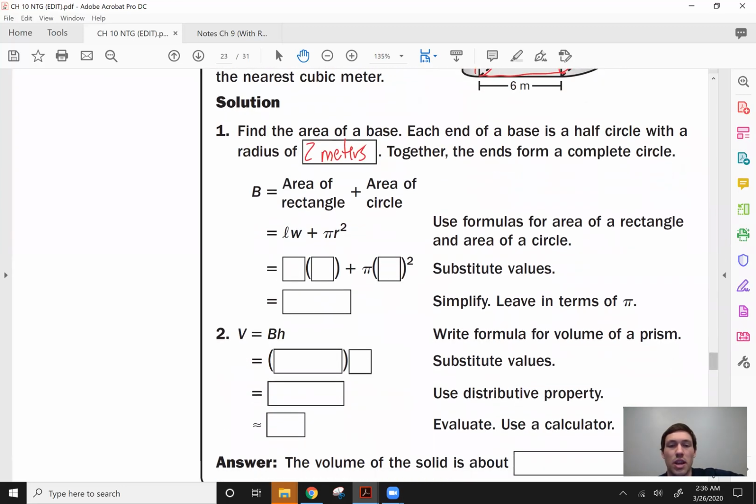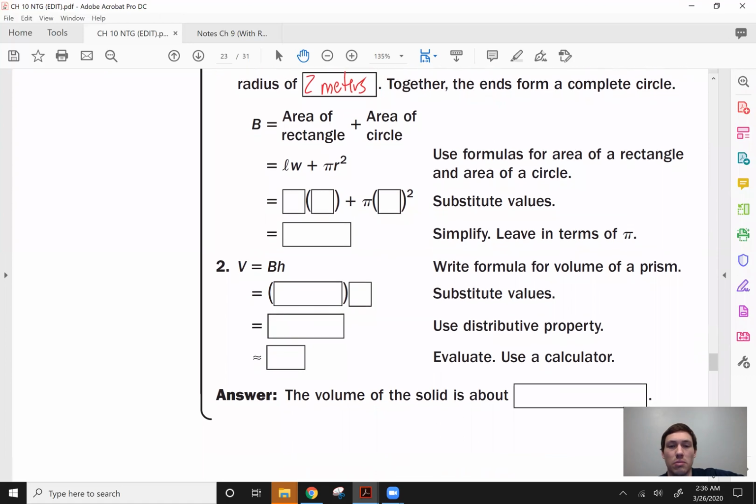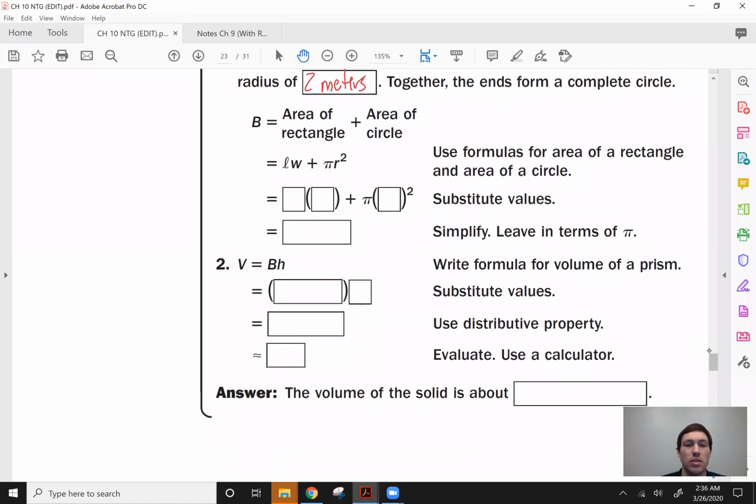So area of a rectangle plus area of a circle. So in other words, it's length times width plus pi r squared. So I'm going 6 times 4 plus pi r squared, which was 2. So I get 24 plus 4 pi.